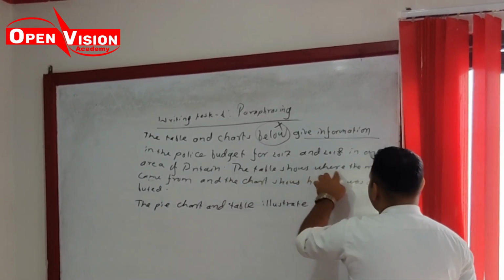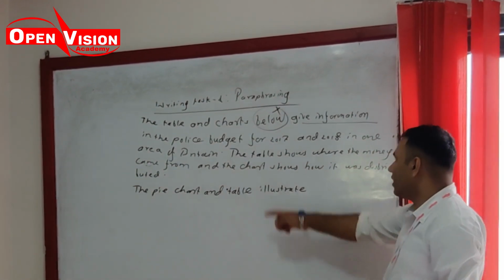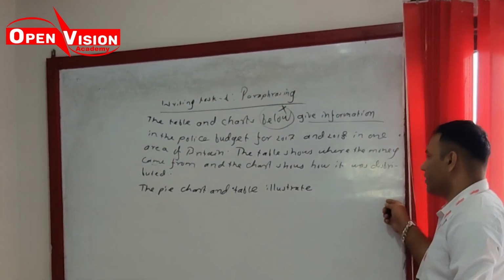The table shows where the money came from and the chart shows how it was distributed.